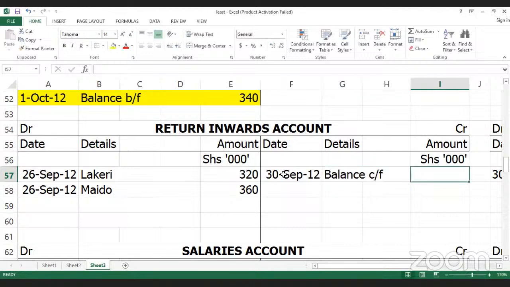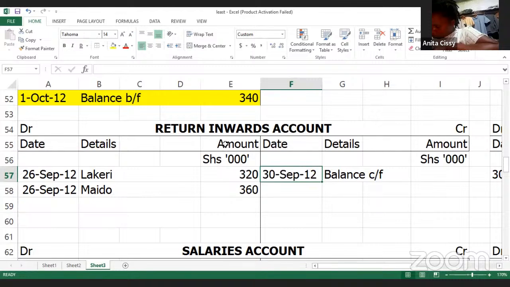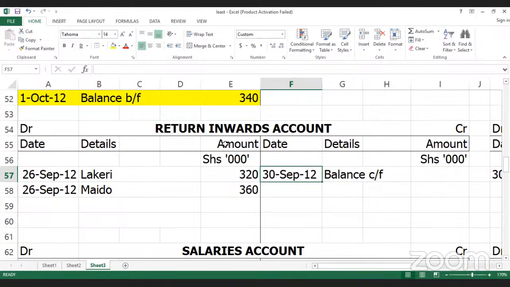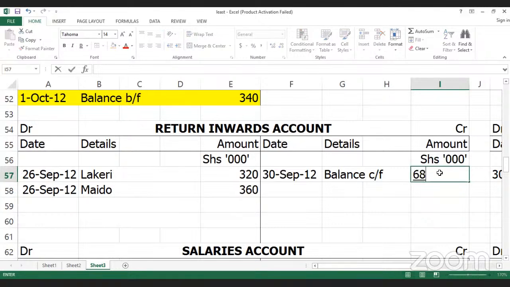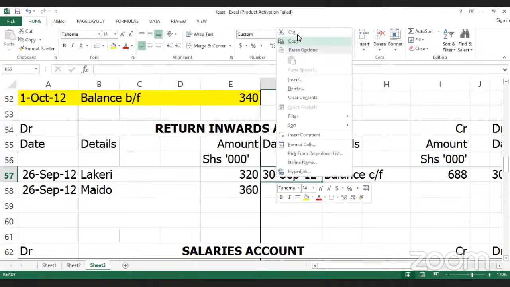What's the total for return inwards? That is 680, right? That's 680.